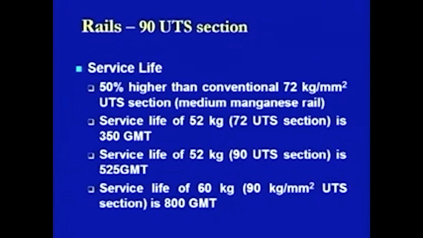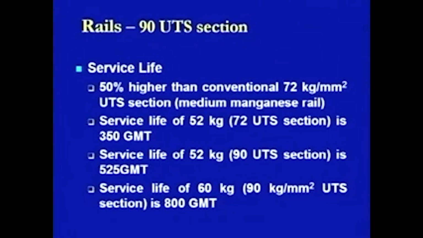If we look at the amount of loading conditions, then what we found is that the service life of 52 kg per meter, 72 UTS section is 350 gross million tons of load in a year, whereas in the case of 90 UTS section with the same 52 kg per meter rail section, it is 525 GMT.